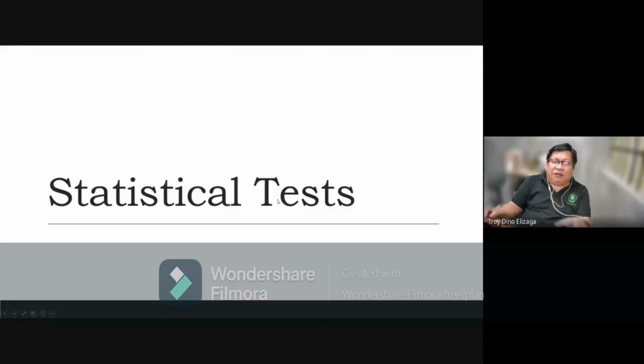The other type, which I mentioned earlier, in statistical inference is the statistical test or the hypothesis. I mentioned that we will be talking about this until the end of the semester, starting next week. Why?